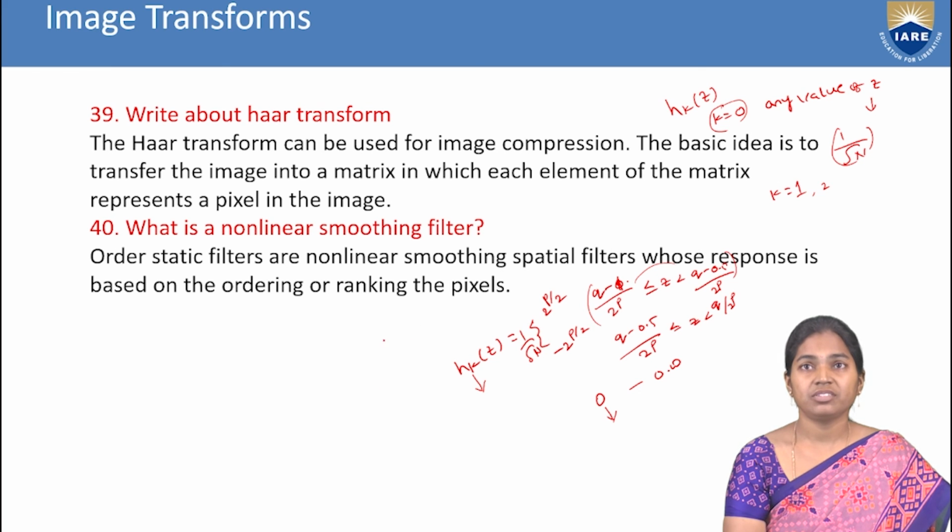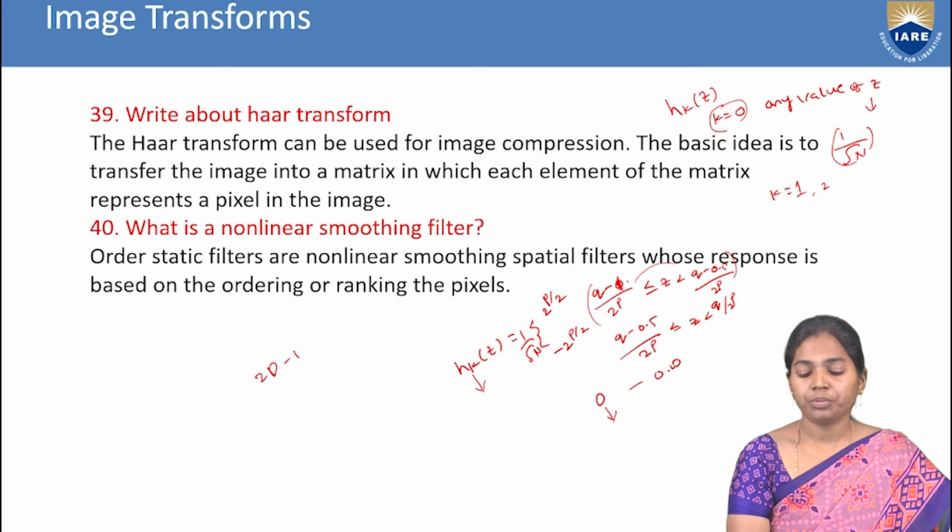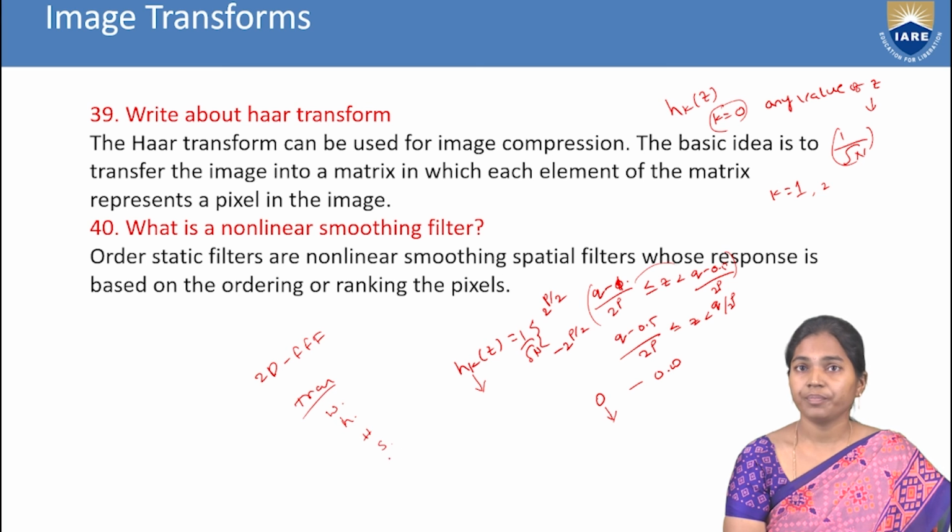Up to here, these are the definitions of our second module, image transforms. In image transforms, the basic topics are 2D properties and transforms. The properties are separable, translation, rotation, convolution, and distributivity. The transforms are Walsh transform, Haar transform, Hadamard transform, slant transform, and Hotelling transform.